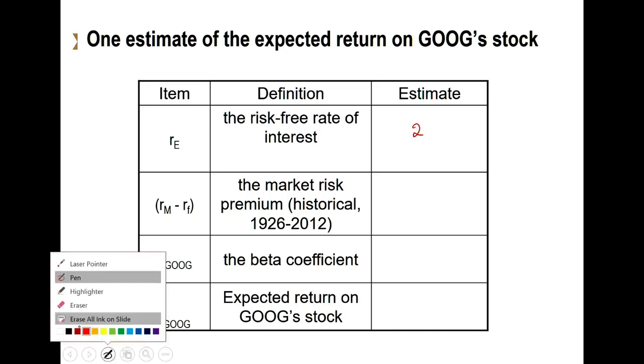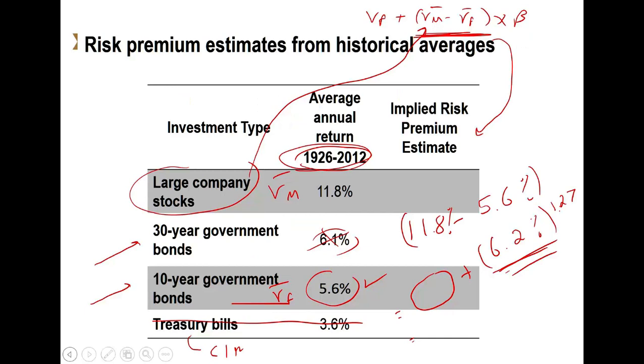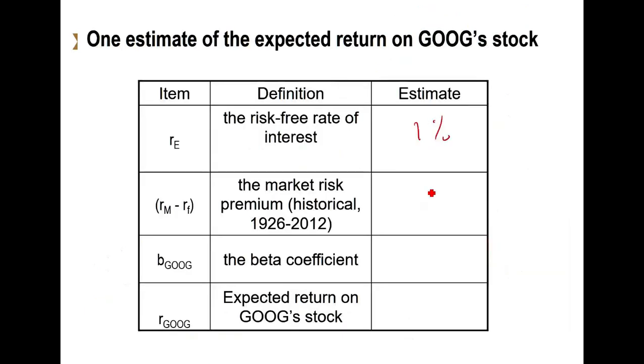Let's continue with that example. What is the market risk premium? The market risk premium we said was 6.2%. What is the beta coefficient? 1.27.